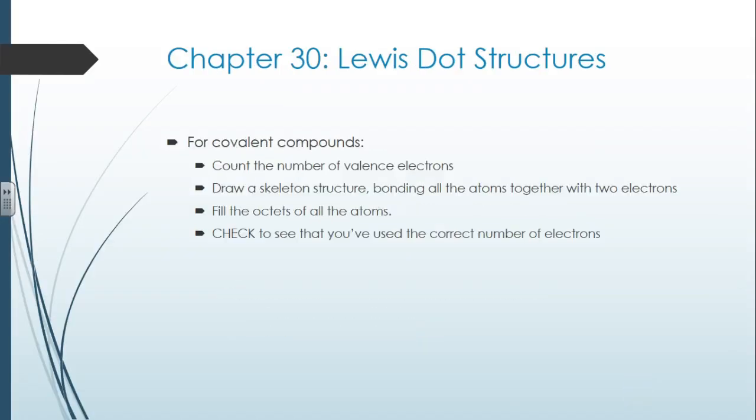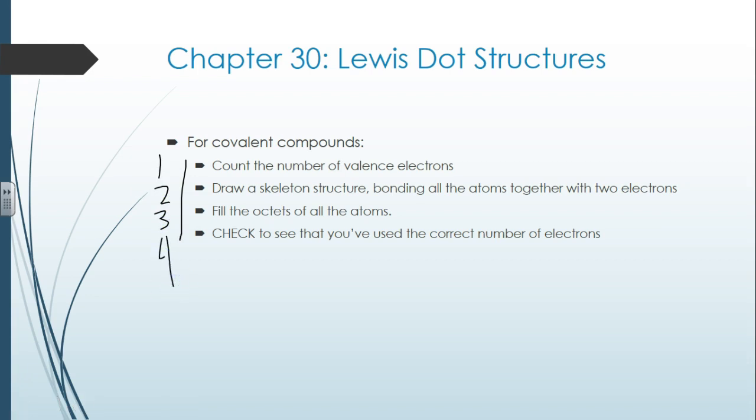Now the fun part is we're going to do Lewis dot symbols for covalent compounds. And this is kind of fun. So again, here are 4 steps. Let's do this again on a periodic table. Pause the video if you need to, write those 4 steps down, and I'll even number them: 1, 2, 3, and then 4 is check your work.